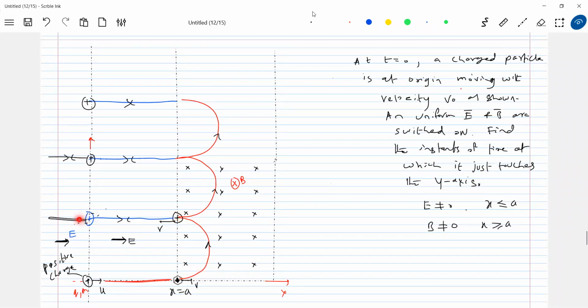Then again, what happened? This particular thing. So then it will be here. Again, this time will be the same. This time and this time will be different. Time taken to move from here to here, and time taken here, will be different.